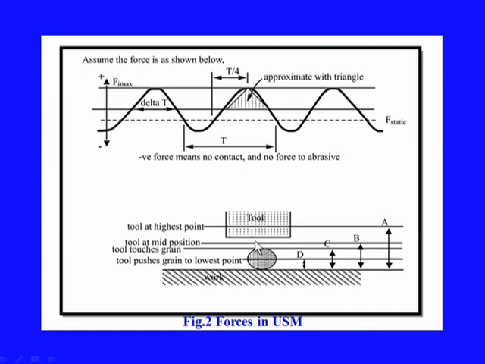Then again it will start decelerating, and when it reaches here, this is the minimum position it comes to, and then it starts pushing the abrasive material against the workpiece surface here, and the abrasive will move through, penetrating this work material hereafter.